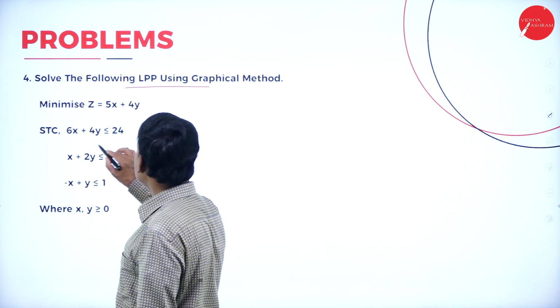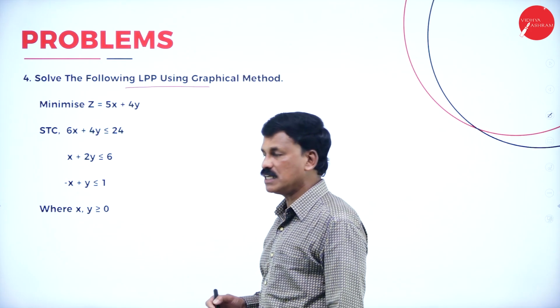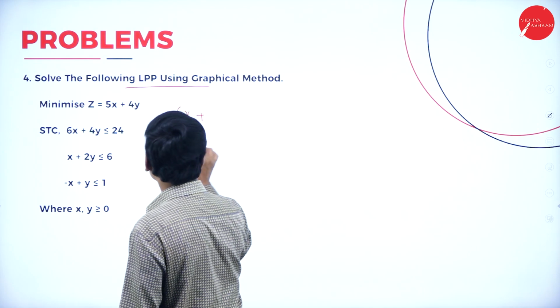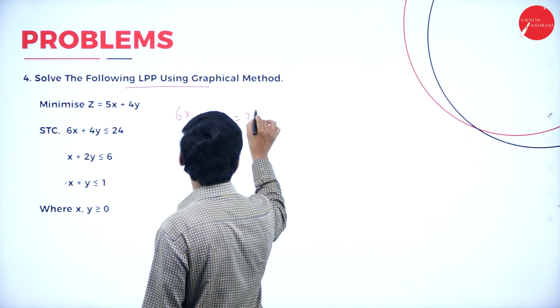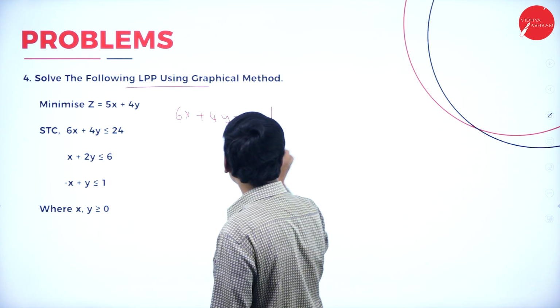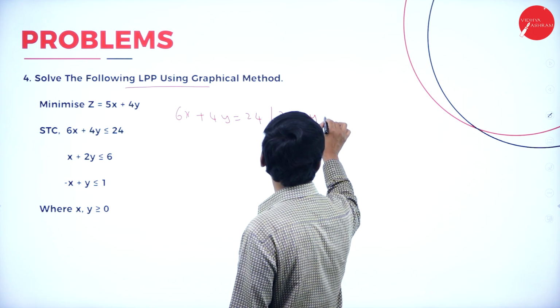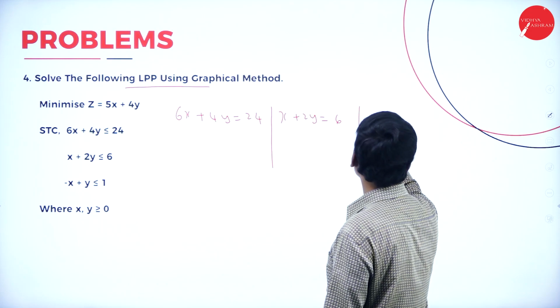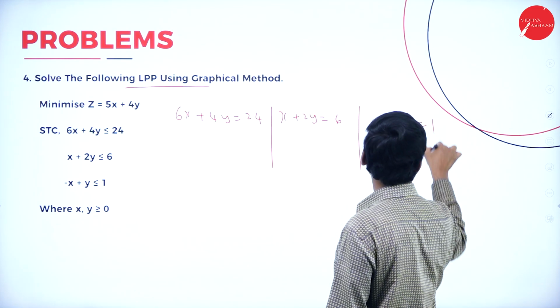Now let us convert the inequalities into equalities first. The given equations can be written as 6x plus 4y is equal to 24, x plus 2y is equal to 6, and minus x plus y is equal to 1.